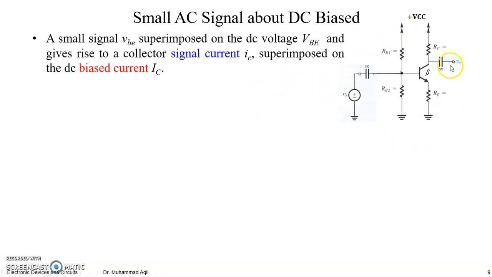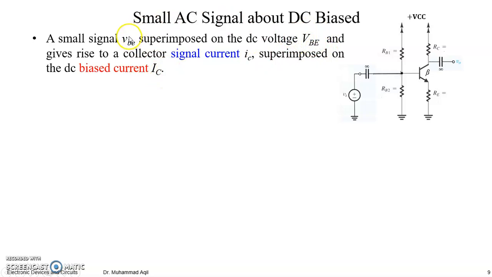We have seen that this could be a desired amplifier. A small AC signal at the base to emitter junction is superimposed on the DC voltage biased by this DC supply at the base to emitter junction, and they collectively give rise to a collector current, the AC part of the collector current, which is also superimposed on the DC biased collector current. It means the DC bias collector current is because of this DC bias base to emitter voltage.